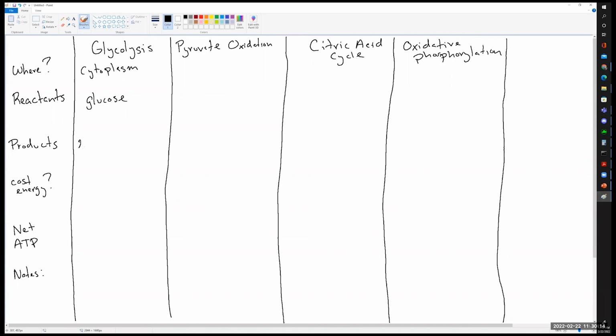They are 2 pyruvate, 2 ATP net, and 2 NADH. Does it cost us any energy to do this?